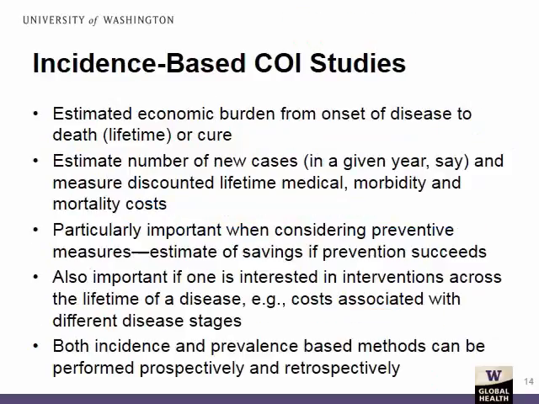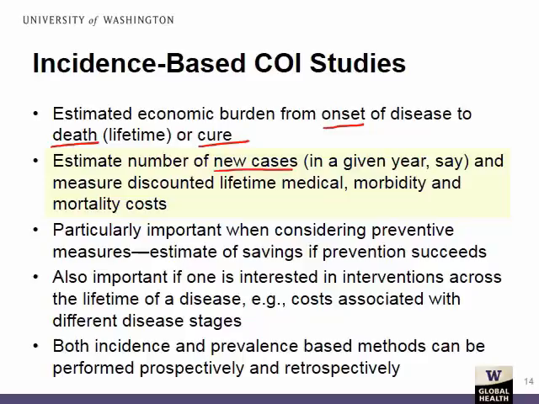Switching to the incidence-based cost of illness studies, these ones estimate economic burden from the onset of the disease to the end of the disease. And the end of the disease is either death of patients or cure of the disease. They estimate burden of disease by first identifying a bunch of new cases, incident cases. Maybe this happens in a given year.